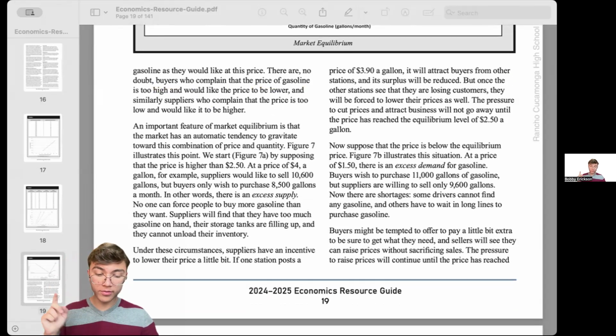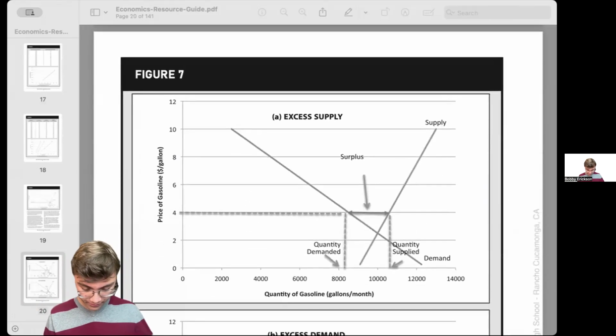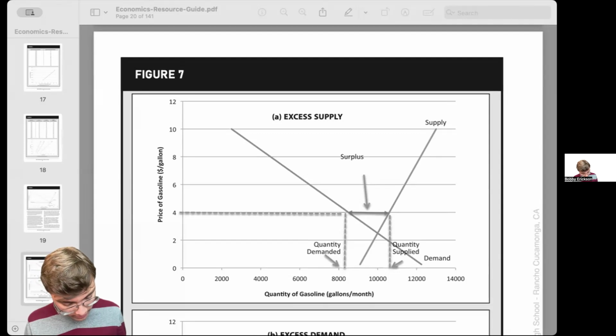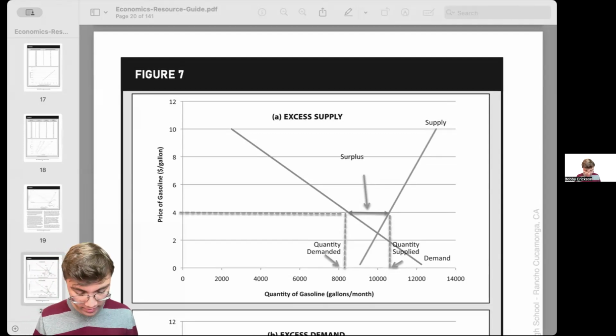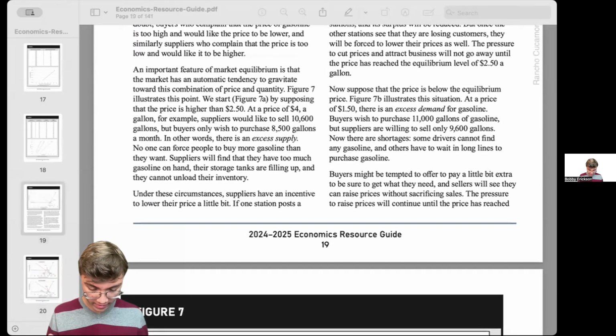Now, another important feature of market equilibrium is the tendency to gravitate towards this combination of price and quantity. So let's first, I'm going to mostly read it word for word and then I'll explain it. Suppose that the price is higher than $2.50. So if we look at figure 17, then we can see right here that the price is at $4 and not $2.50.